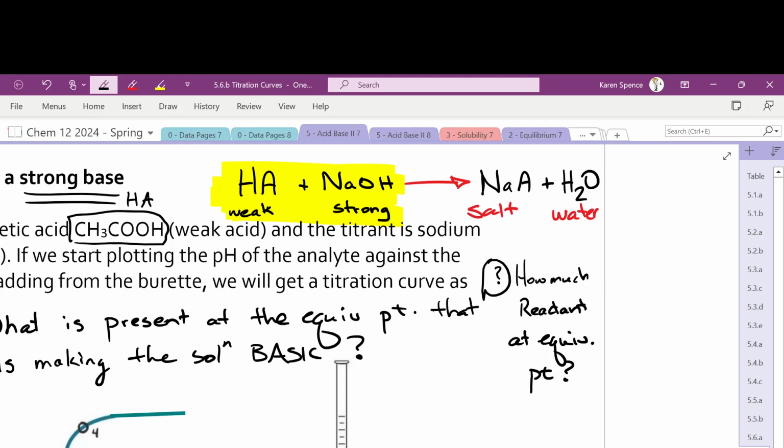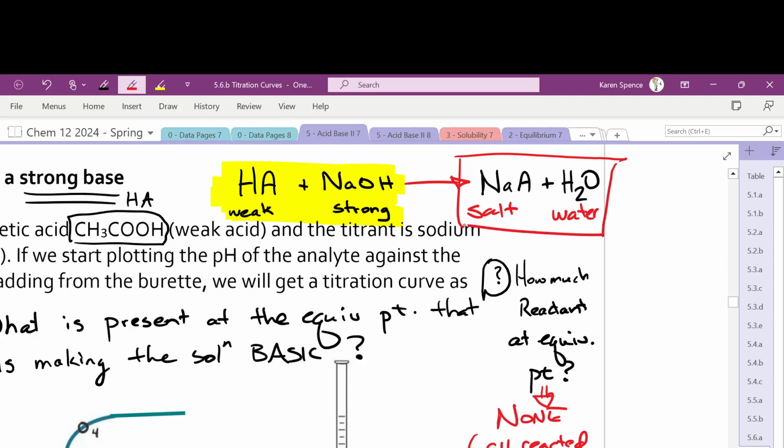How much reactant do we have? None, because it's all completely reacted and there is no excess. So how much reactant at the equivalence point? None. All reacted, no excess. So at the equivalence point, the only thing we have is the salt and the water.